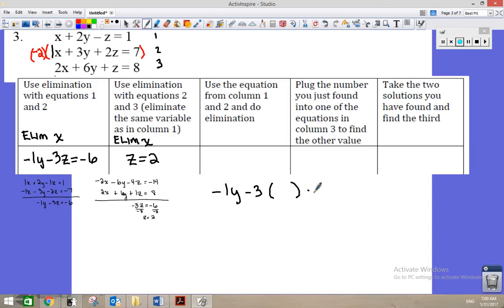But I know what z is now. So let's solve this equation for y. If I add 6 to each side, I have that negative 1 times y is equal to 0, which means that y has to be 0.